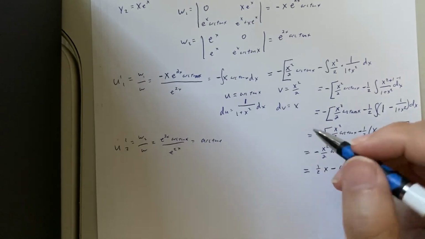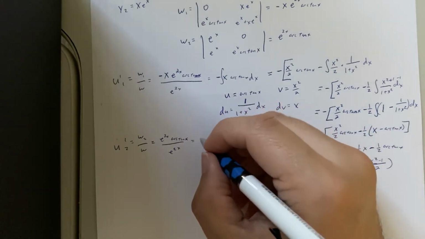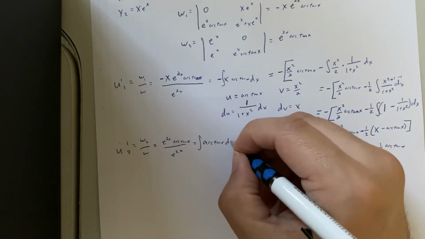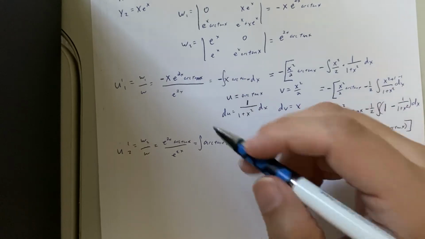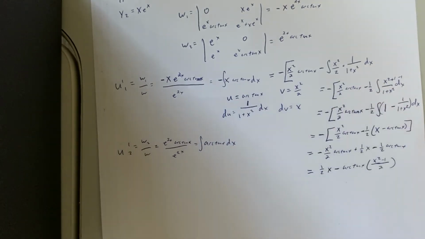So we integrate that, and I'm going to use u substitution again, where in this case u is going to be my arctan of x, and my dv is going to be just 1. That means my v would be x.